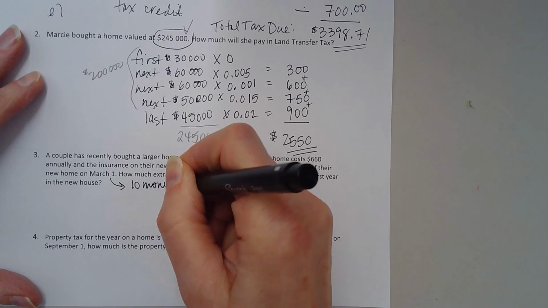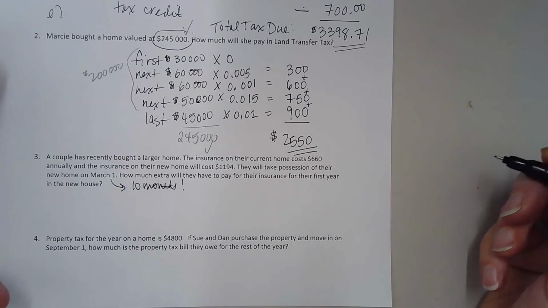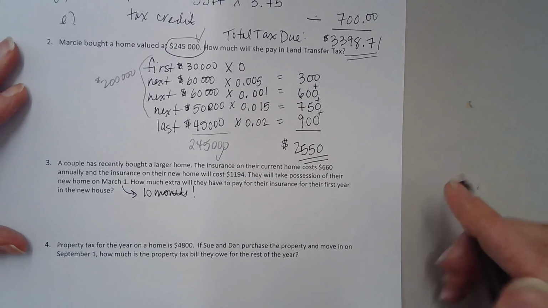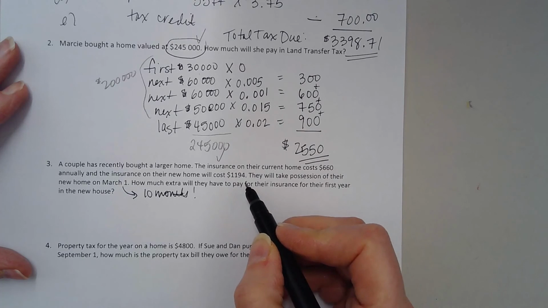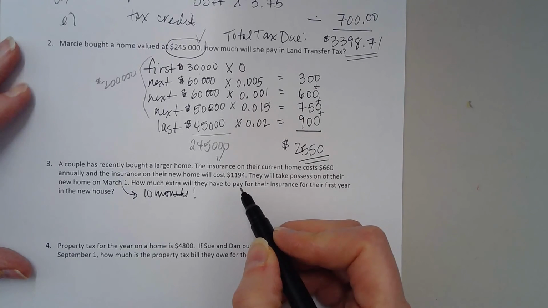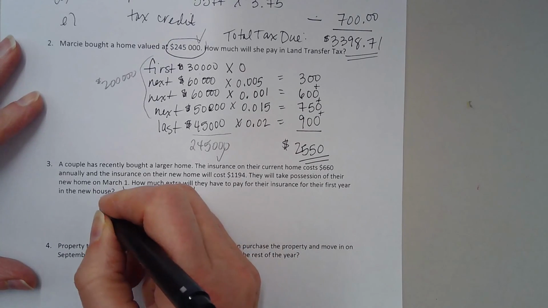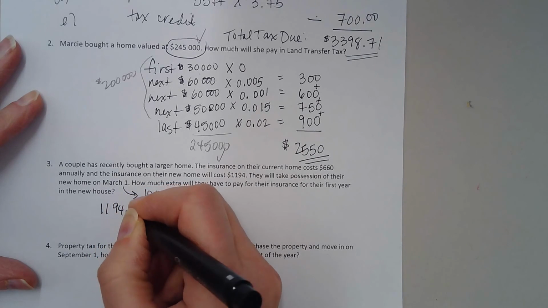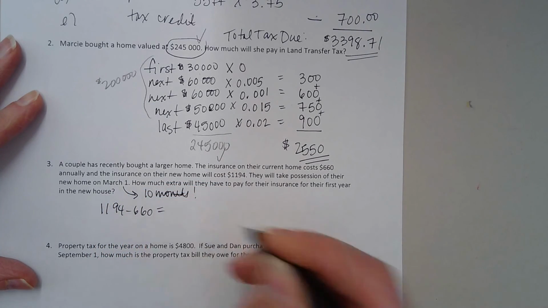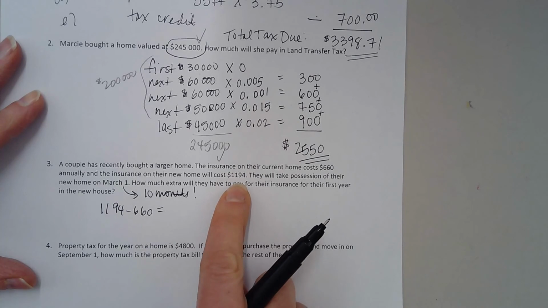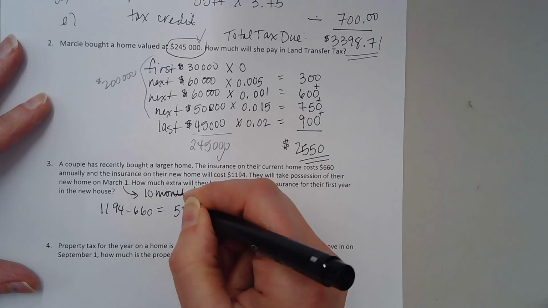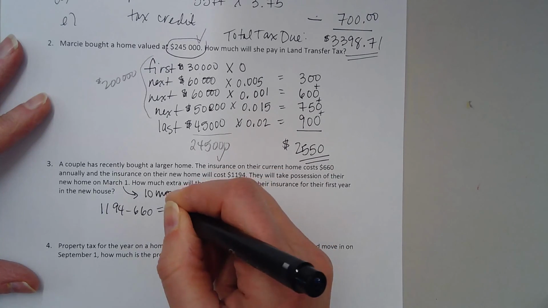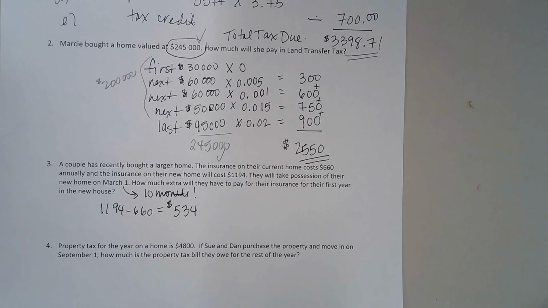Okay. So what do I do here? They've already paid $660, but they'll owe $1194 annually, not $660 annually. So what do I do? Starting next year, they have to pay the whole $1194, but just this year, the extra insurance they have to pay per year is $534, but they're not in it for the full year, right?